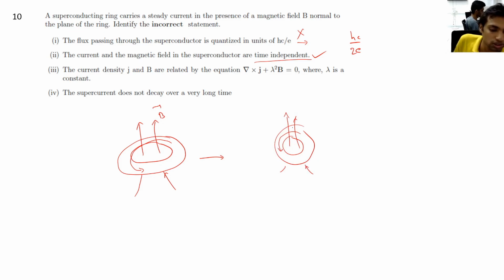So in the superconducting state, it is time independent and it stays for a very long time, where lambda is a constant. So this is London's equation. The supercurrent doesn't decay over a long time. So this is also a true statement, because it is time independent, it tries to stay as it is for a very long time.